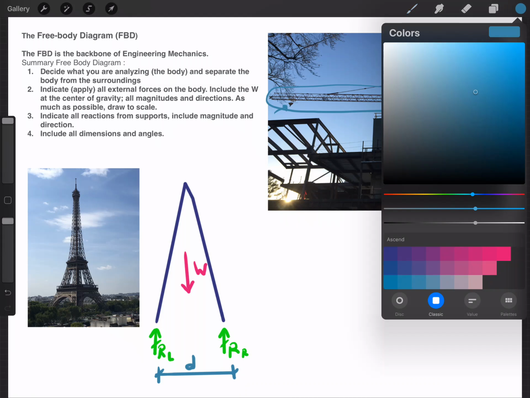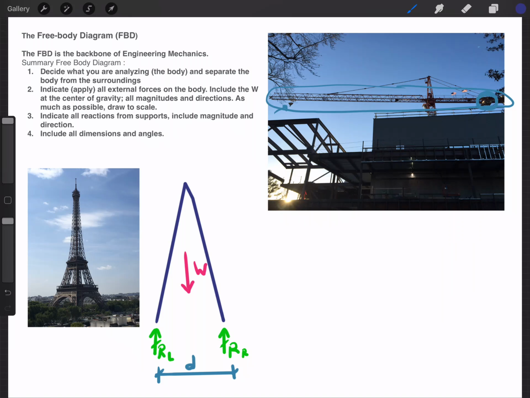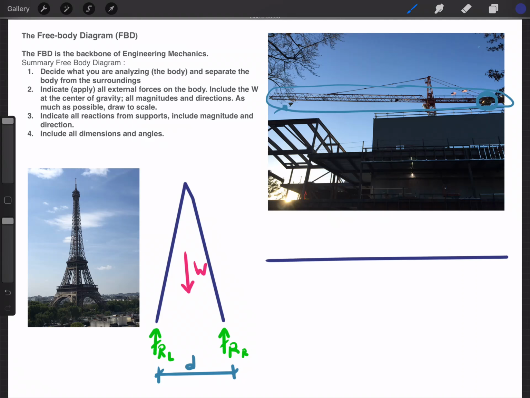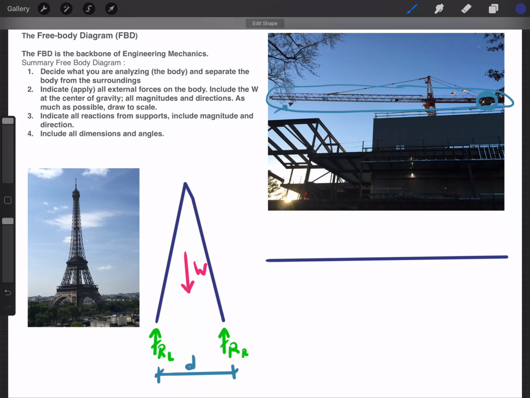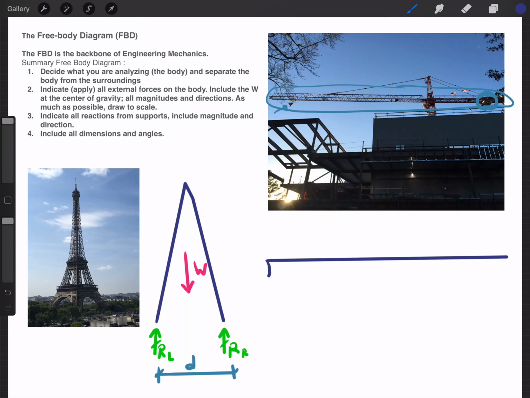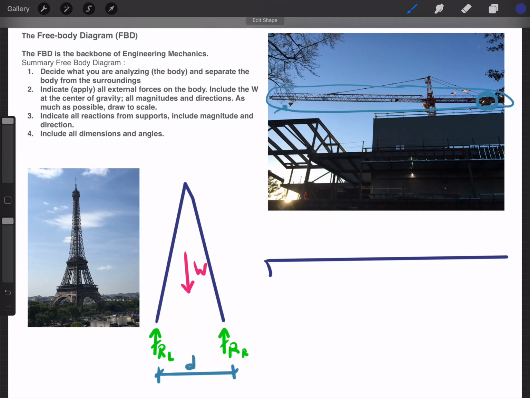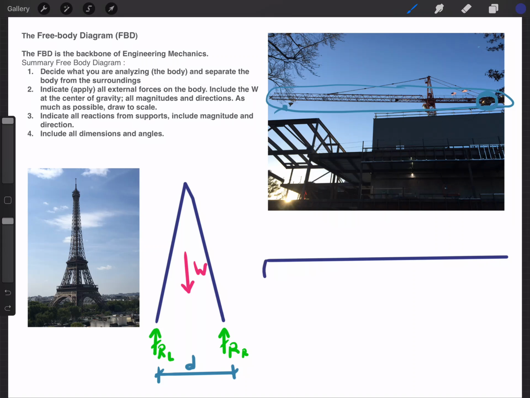So let's start by drawing our basic shape of our boom and free it from the supports, free it from its surroundings. That didn't work out very well. Let me try that one again.